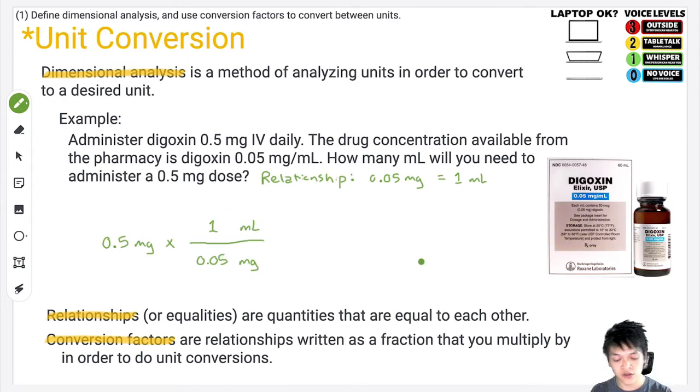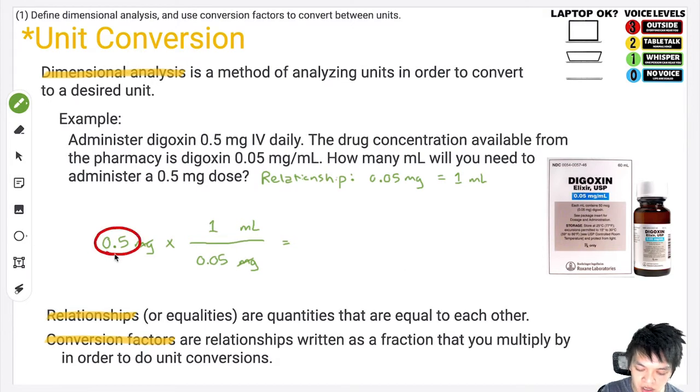The unit that does cancel out here is milligrams and milligrams though. We're left with milliliters, and that's what the question's asking for, right? How many milliliters? And since that's the unit that we want, we can write our equal sign. All we gotta do is punch this in a calculator. And if you did have a calculator, you'd know that we're starting with 0.5. And since this next number is on the bottom, you divide by that number.